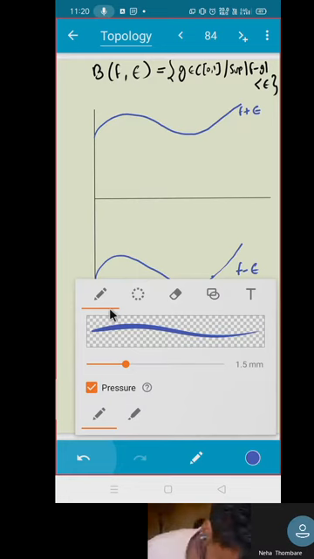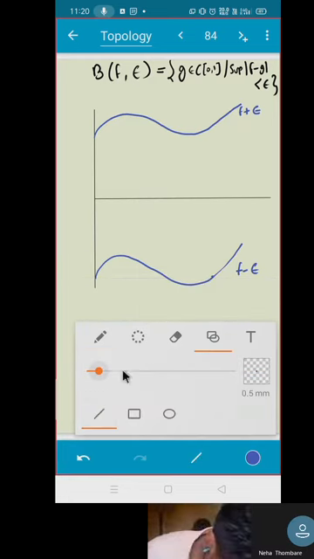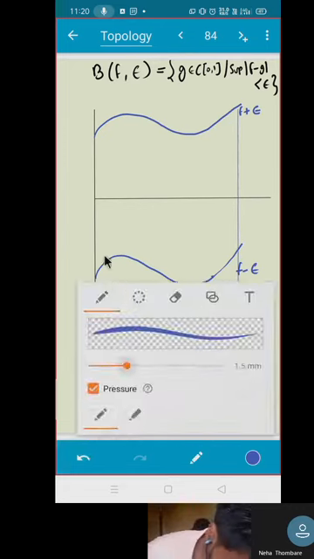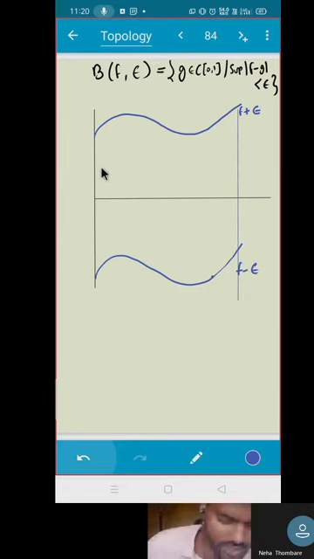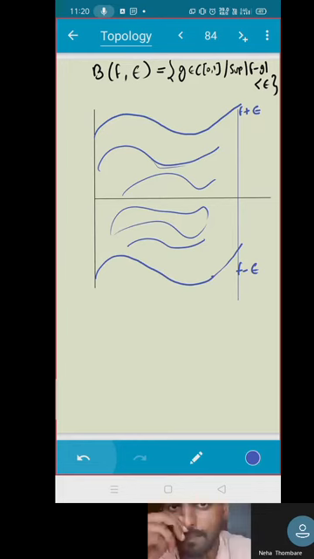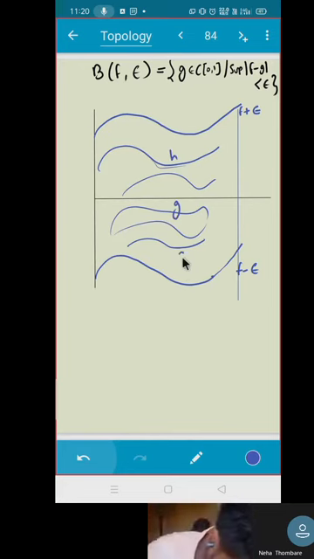That means the line will be as it is, 0 to 1. ये bound तो ऐसे ही है, correct? So all those functions which lie inside this are called the elements of B F epsilon. Is that okay? Let me just write it.